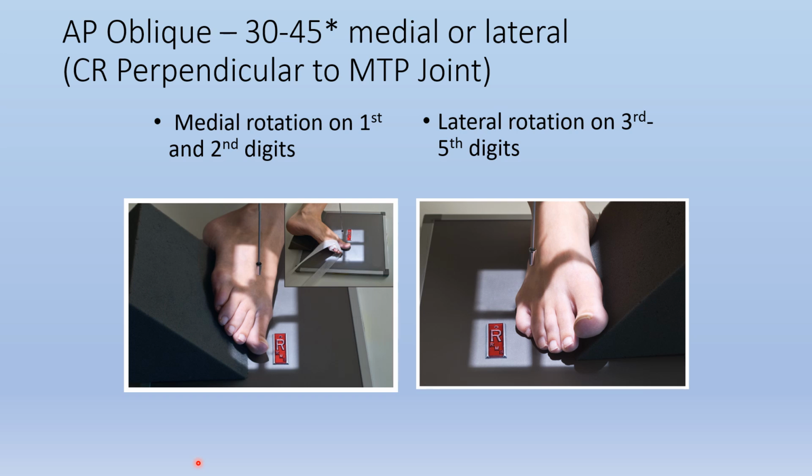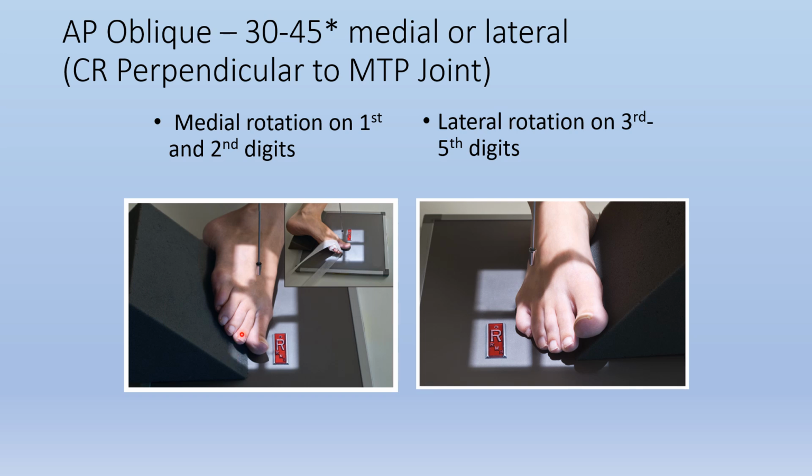Still at a 40-inch SID, still 60 kVp at 0.8, and the toes are still to run with the long axis of the IR. So with this, the patient will rotate their leg and foot 30 to 45 degrees medially, if it's the first or second digit, or 30 to 45 laterally.